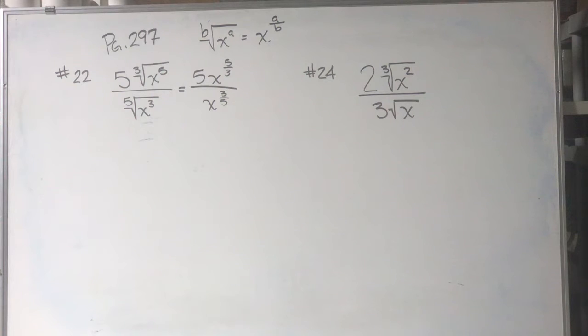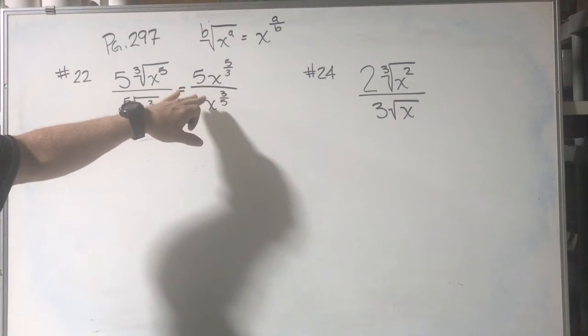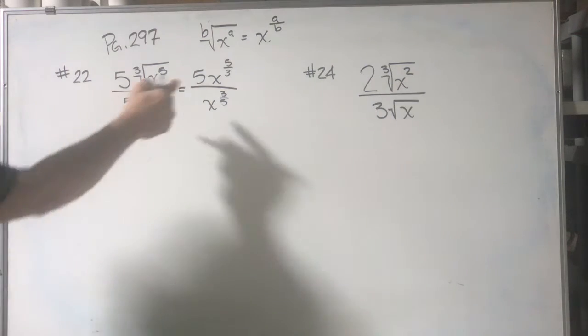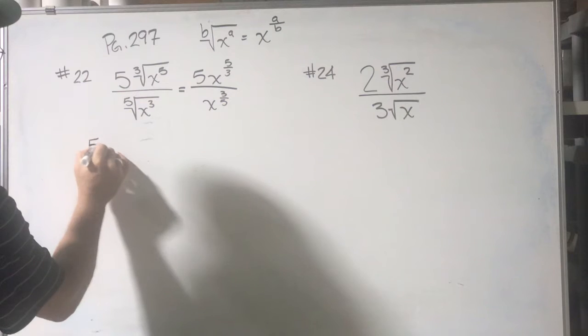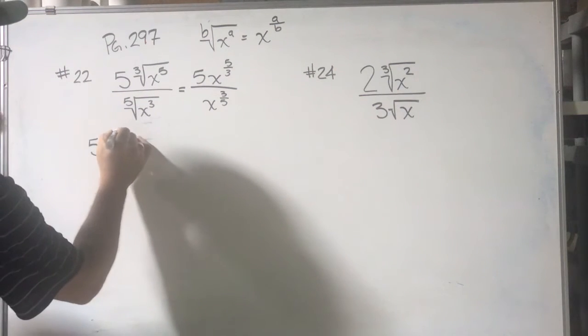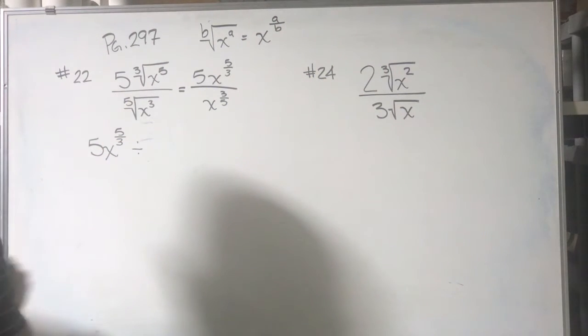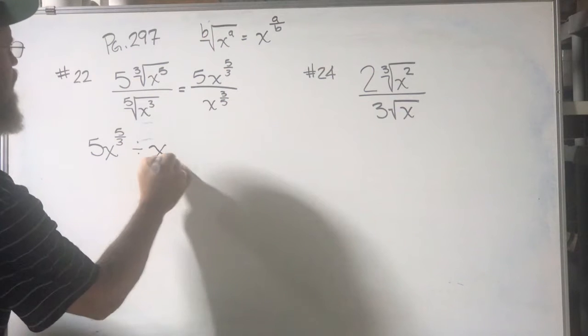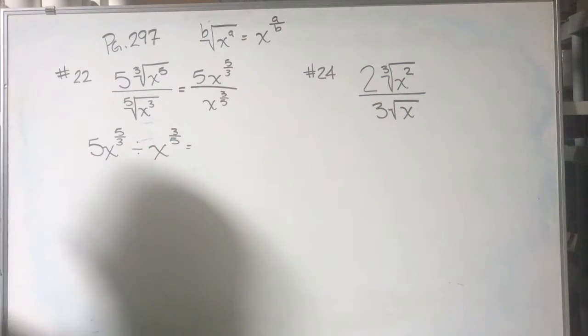Okay? So then all we have is a division problem. All right? So I'm going to rewrite this guy down here where I have 5 times x to the 5 over 3 divided by x to the 3 over 5. All right?